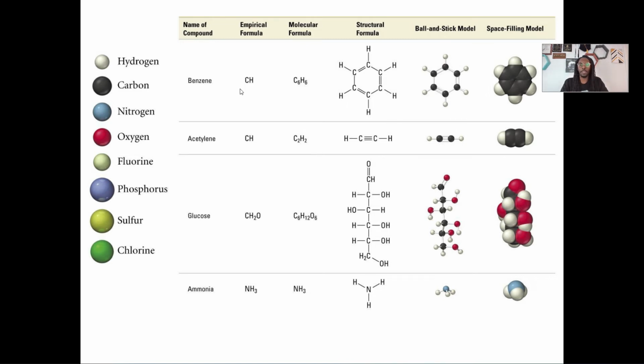With the compound benzene, we think of it as a benzene ring, a ring-like structure with a double bond, single bond, double bond, single bond, double bond. I'm not going to get more into that right now. We'll cover that later on, but you'll especially see that in organic chemistry.